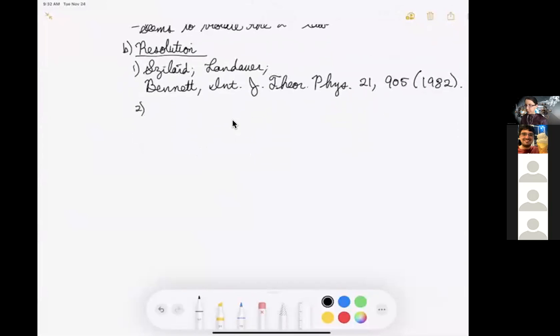The demon is measuring particle speeds. So it acquires information. It fills its memory. The demon would violate the second law if it could extract work without changing its own state.